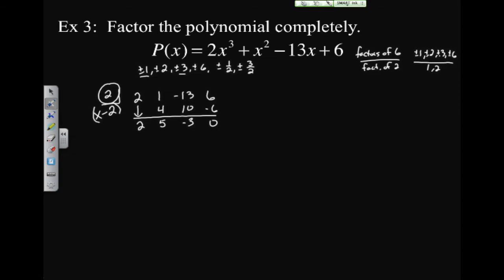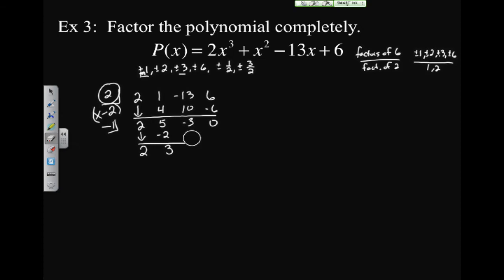Then let's see what else might work here. Looking at this, I think negative 1 will work. Let's find out. So we've got a 2. 2 times negative 1 is negative 2. That gives you a 3, negative 3. Okay, that did not work, so negative 1 is out.